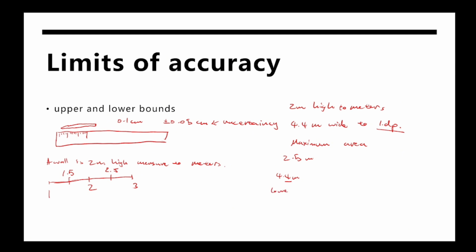So the lower bound for 4.4 is 4.35 and the upper bound is 4.45. In this case, we want the maximum area, so we'll use the upper bounds, which is 2.5 times 4.45.